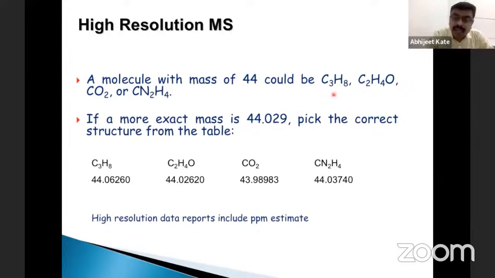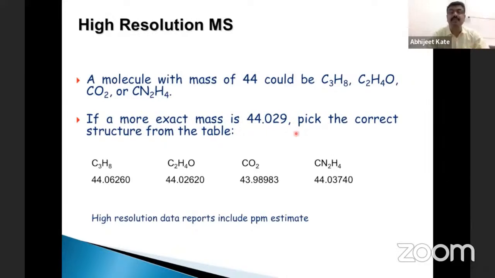Now we know the accurate mass of these individual elements. Carbon has 12.00, hydrogen has 1.00784, and same for oxygen, nitrogen, sulfur, and all of that. If you add those accurately, you will get the accurate mass up to 3 to 5 decimal places.